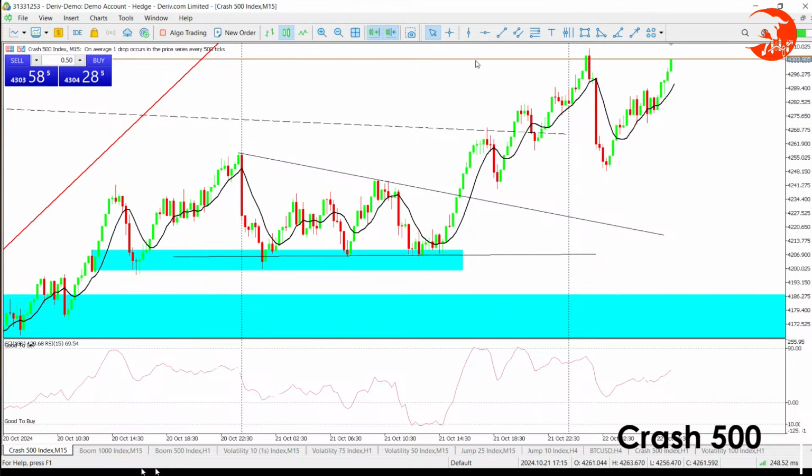You will see that we had our entry when price came back to this level, because this is clearly a descending triangle, and we know that a descending triangle is a bilateral pattern. We can see a continuation of the previous trend or a reversal.